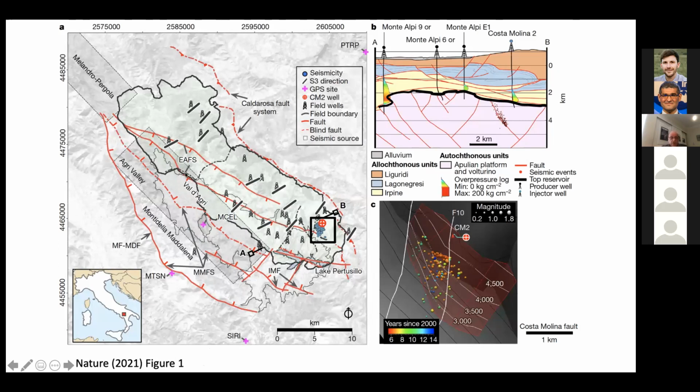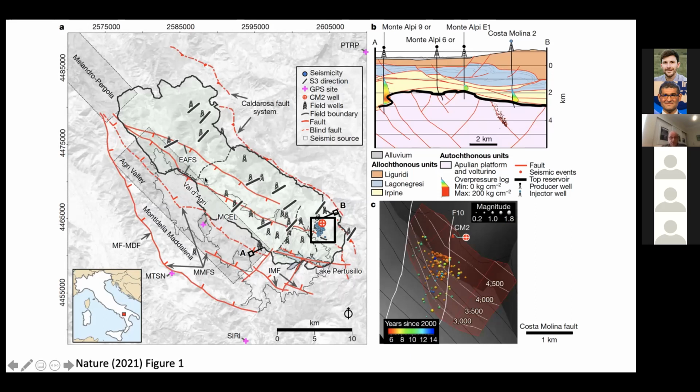This is the oil field here, and this little area around Valdorri has the cluster of earthquakes that are occurring in that area. At Valdorri, a non-productive oil well was being used to inject wastewater that was co-produced from the producing oil field.